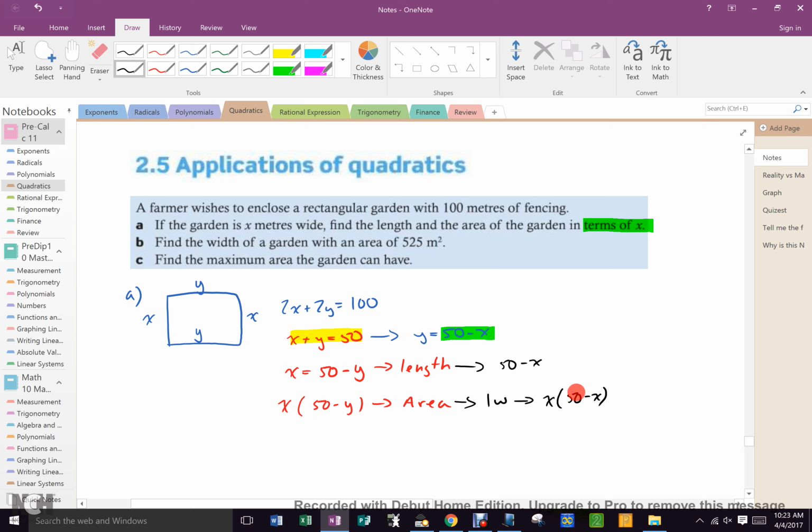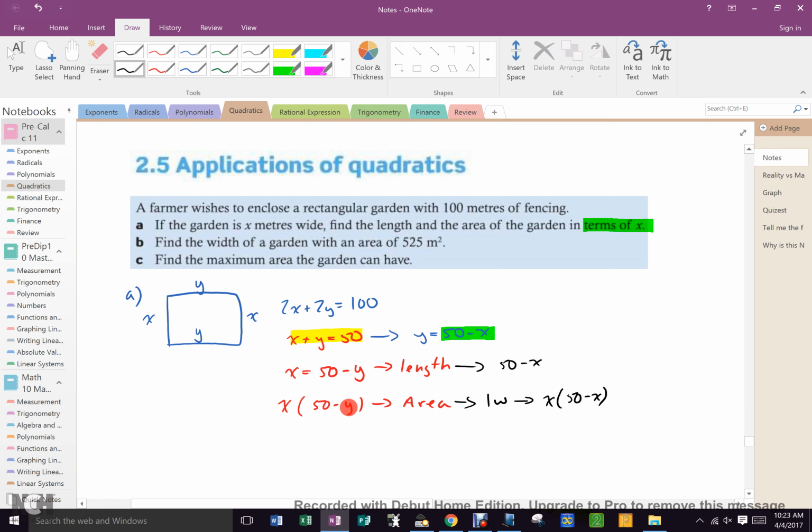Why? What is different here than here? There's two x's. And we can do math with two x's, can't we? Wait, if y, wouldn't it be 50 minus 50 minus x? Because this is what x is.